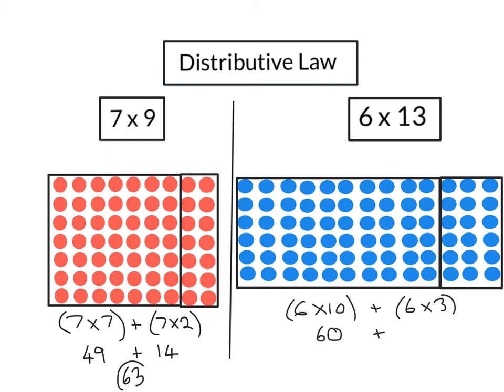And I know that 6 times 3 is 18. Add them together, I get 78. So again, using grid method, or an array version of grid method, we split it into things that we do know. 6 times 10, 6 times 3. The 13 has become 10 and 3. This is the distributive law.